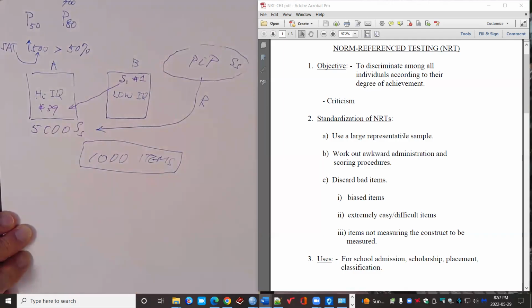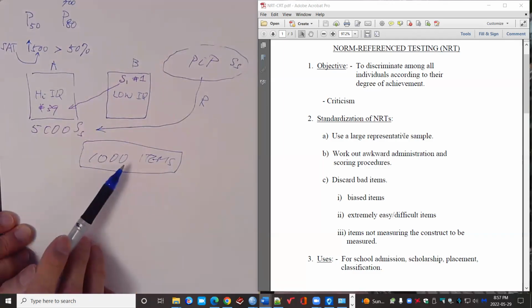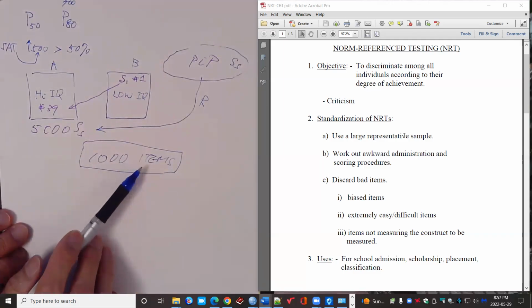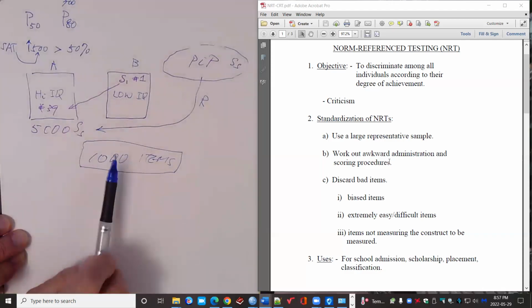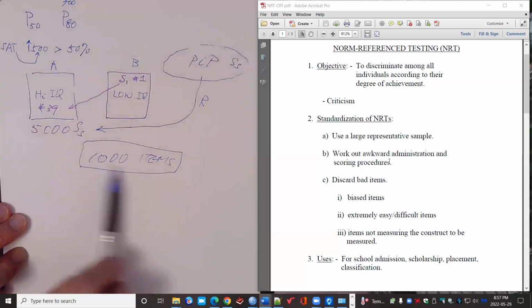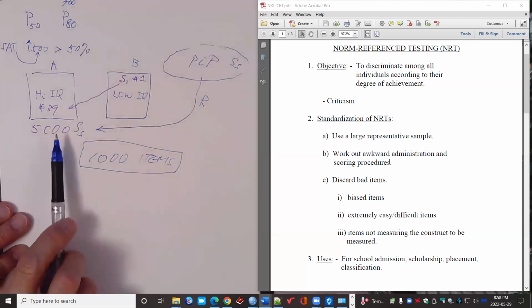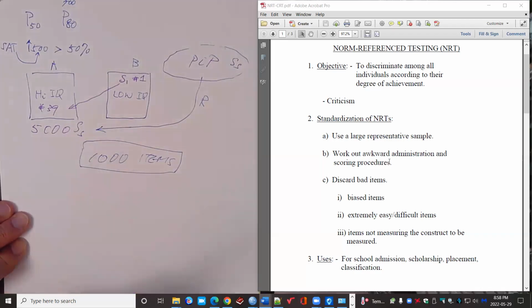So we administer 1,000 items. Of course, first of all, we have to work out the administration and scoring procedures. Then we administer the 1,000 items to this norm group.